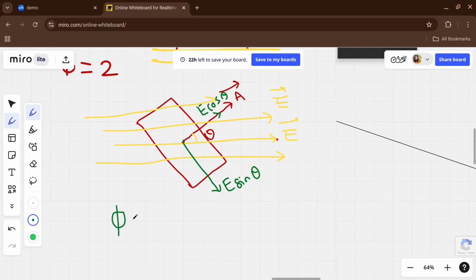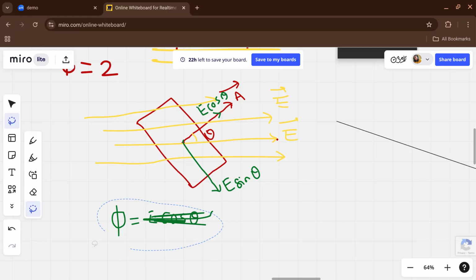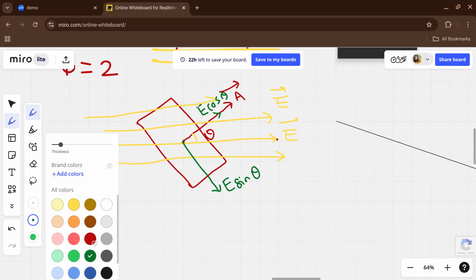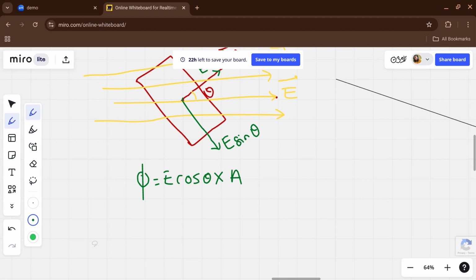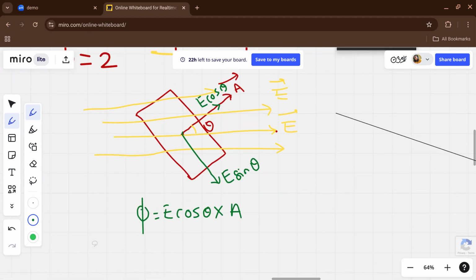So for this specific case, how do we calculate phi? The component of electric flux is E cos theta into the area vector A. If you see, the component of E is E cos theta, and A is the area vector.